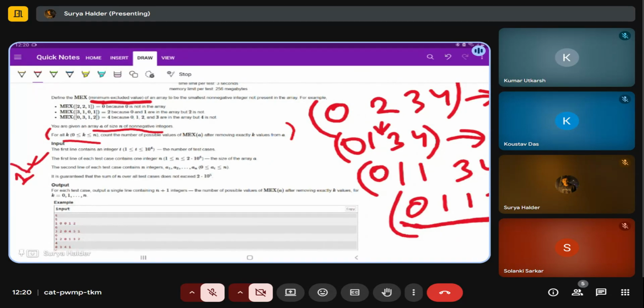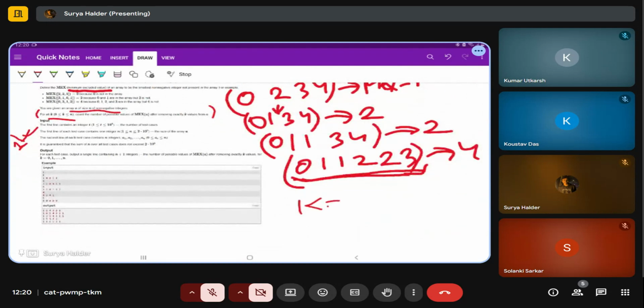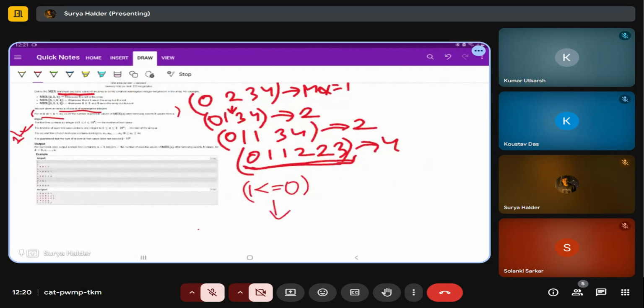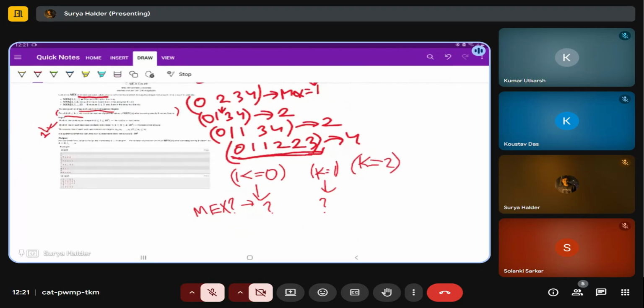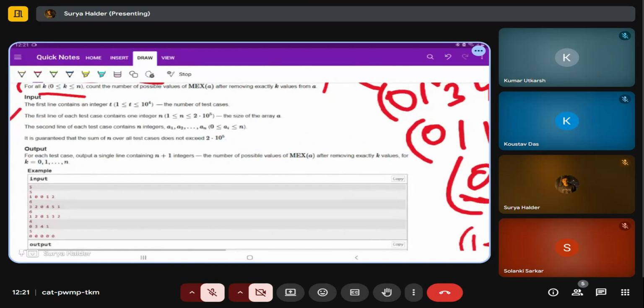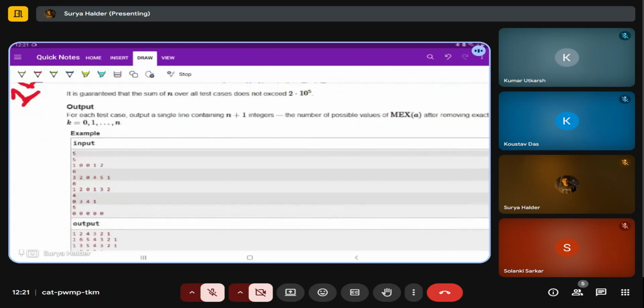For example, k is equal to 0, means I will be removing 0 elements, and by removing 0 elements, how many mexes can I get? For k is equal to 1, I will be removing one element, and how many mexes can I get? K is equal to 2, means I will be removing any two elements, and how many mexes can I get from this? So how can you solve this question?